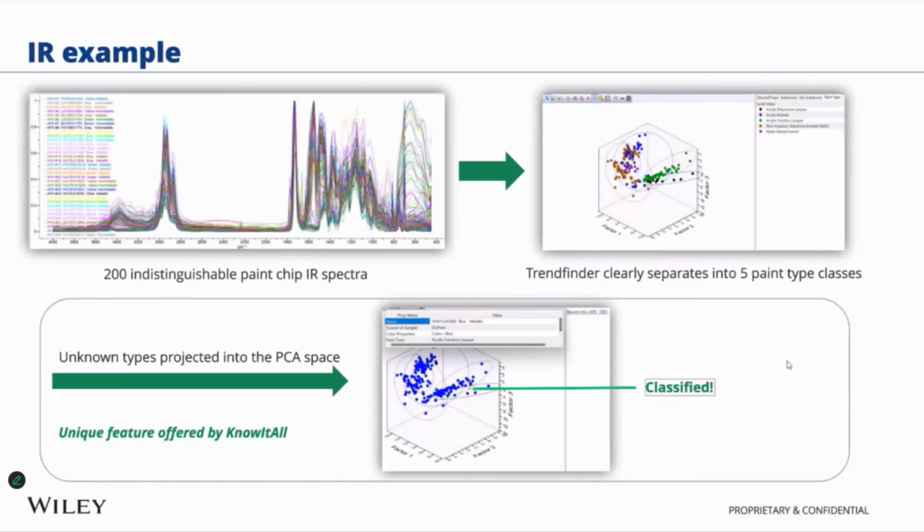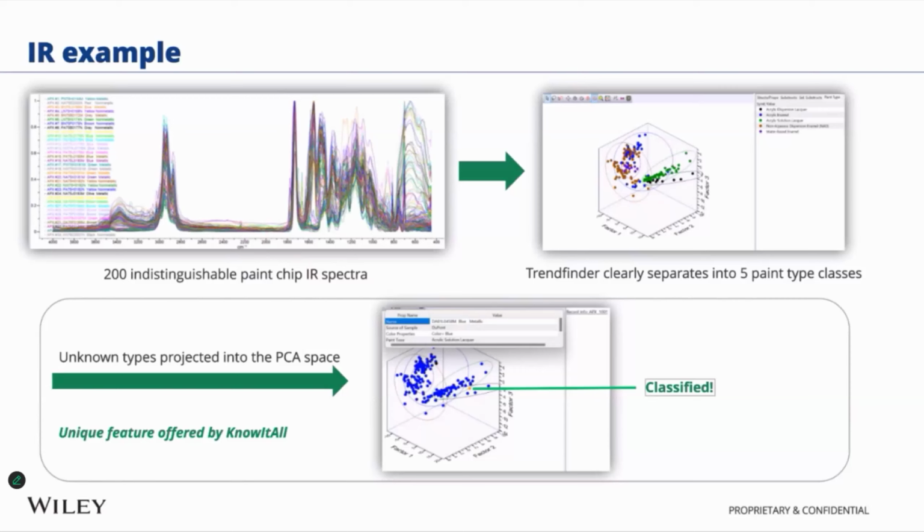Here are some examples. We will have detailed webinars on all these examples. Okay, so I'm going to go very brief here. The first one is 200 pin chips IR spectrum. You cannot easily make too much sense out of this collection, right? But if you put it into KnowItAll Trendfinder, you would see clear separations depending on pin type.